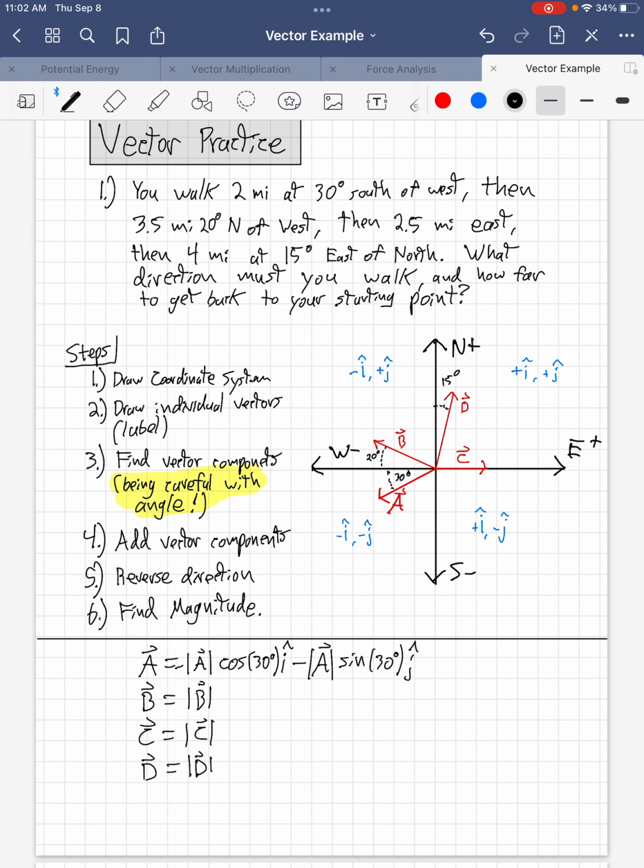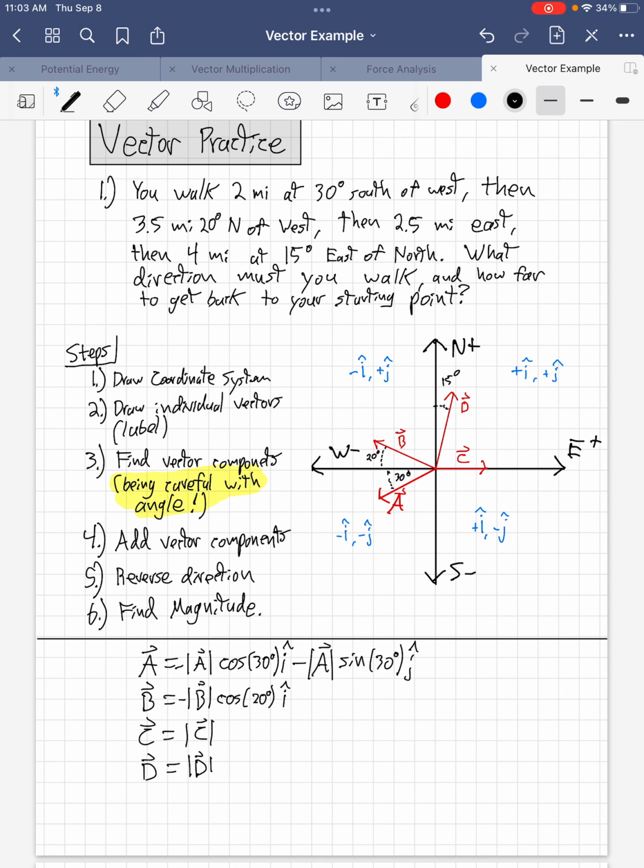All right, so B, again, the x component of B is going to be negative, and it's adjacent to that 20-degree angle. So we're going to say the x component is negative B times cosine of 20 degrees times i, unit vector i.